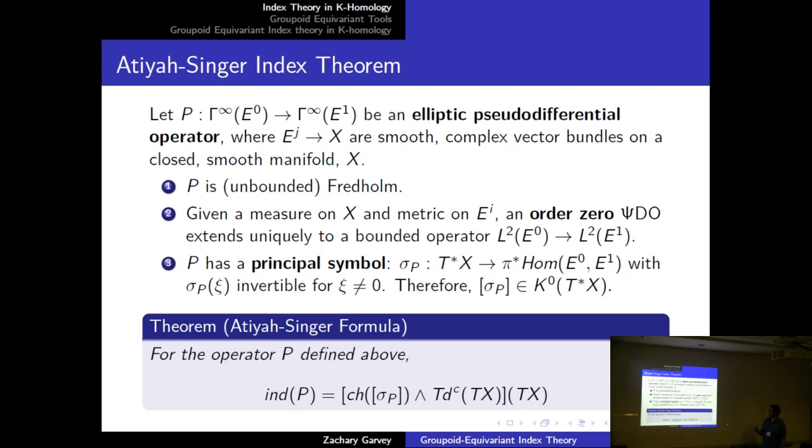What's special about pseudodifferential operators is they have something called a principal symbol, or at least one of the special things. If you're talking about differential operators, it's essentially like an algebraification of the top degree part of the differential operator.